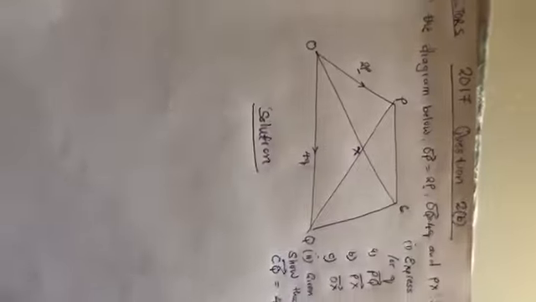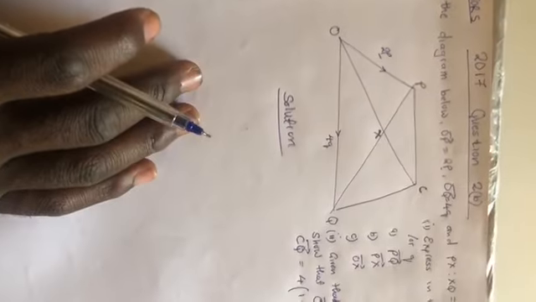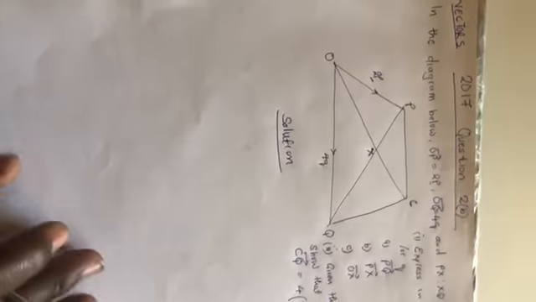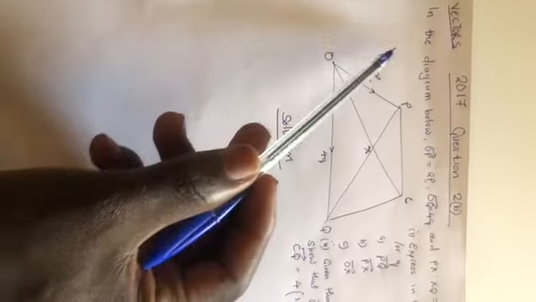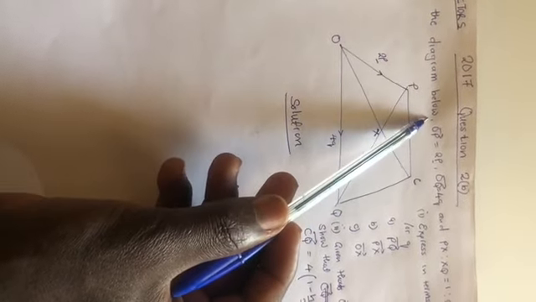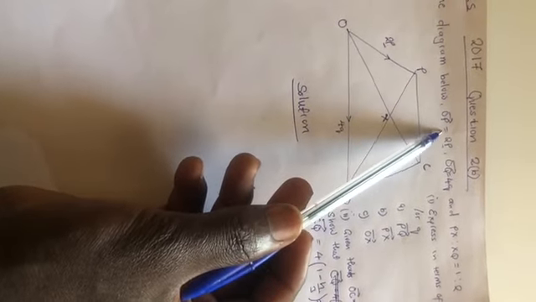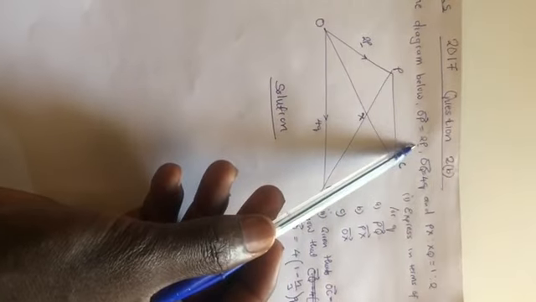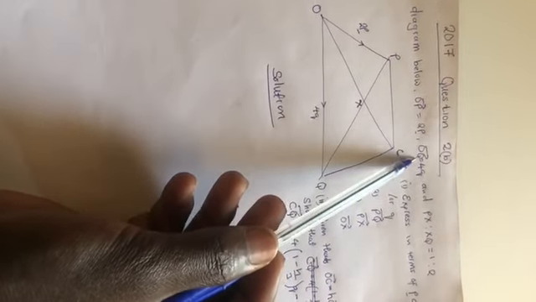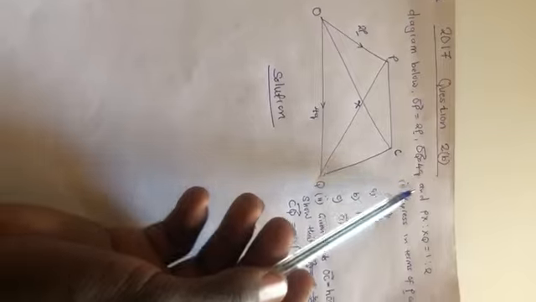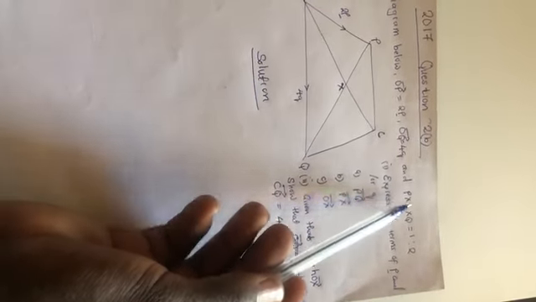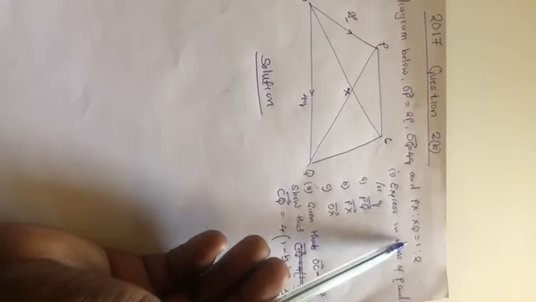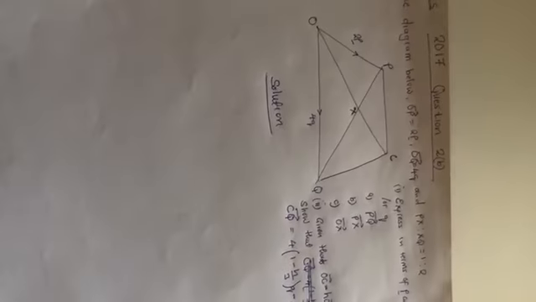So to begin with, we have a 2017 question 2B, and it reads: in the diagram below, vector OP is equal to 2P, and vector OQ is equal to 4Q, and PX to XQ is equal to 1 to 2.